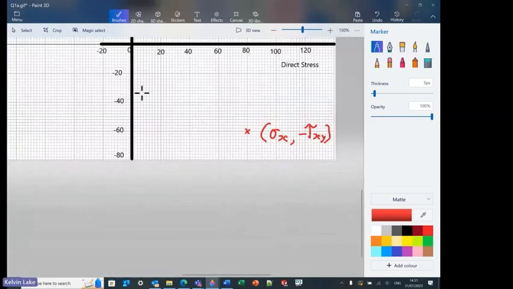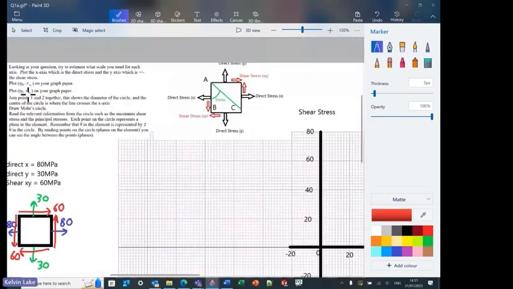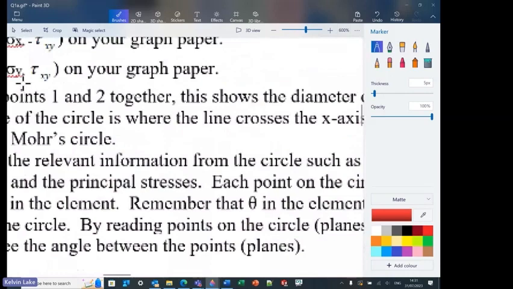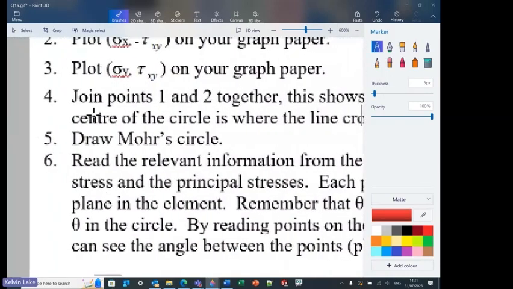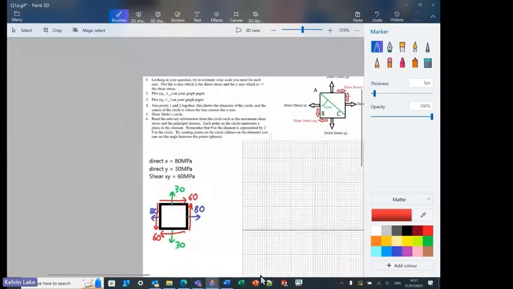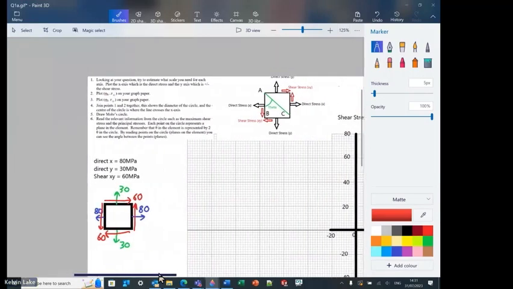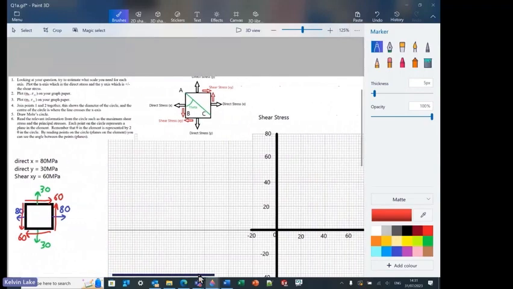And then the next point that we need to plot, looking up here, is going to be sigma y. So this is step number 3 now. Plot on your graph paper, sigma y, tau xy. So sigma y is 30. So it's going to be 30, 60.